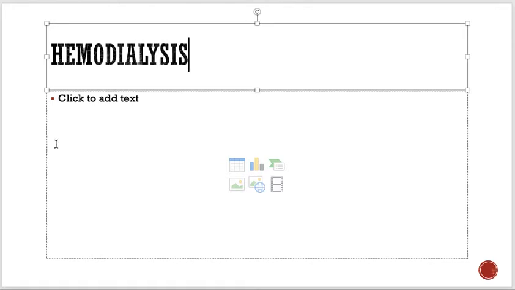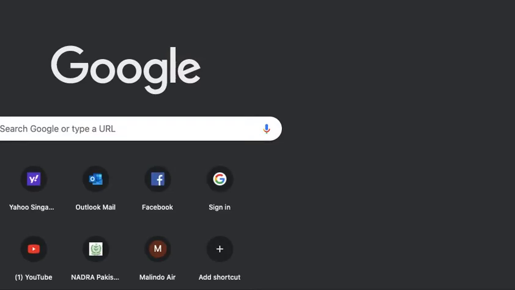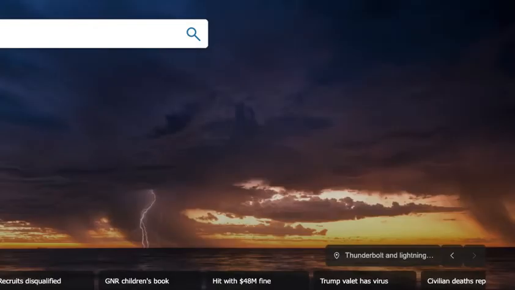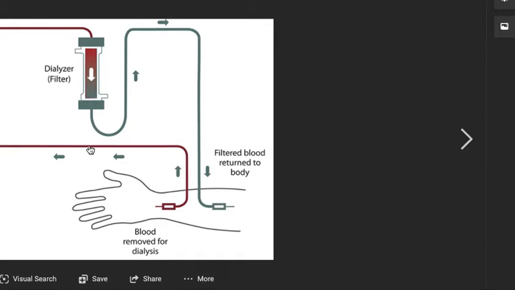Hemodialysis. As I show you, the blood is passed through a semi-permeable membrane, and there is a dialysate fluid which is flowing in the opposite direction. If I show you that diagram again, you can see over here, for example, the blood is flowing in this direction and the dialysate fluid is flowing in this direction.